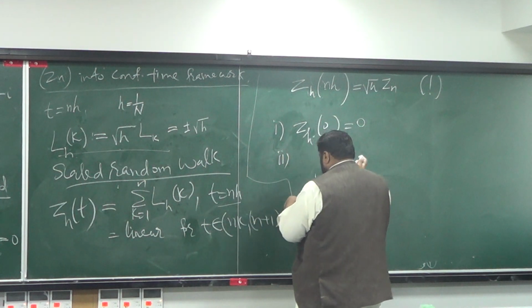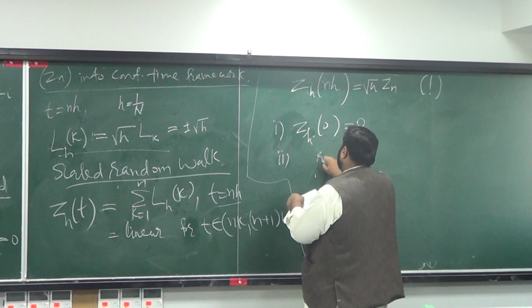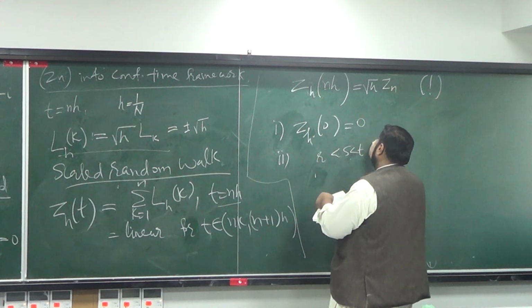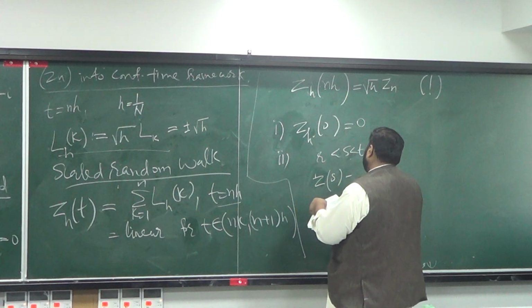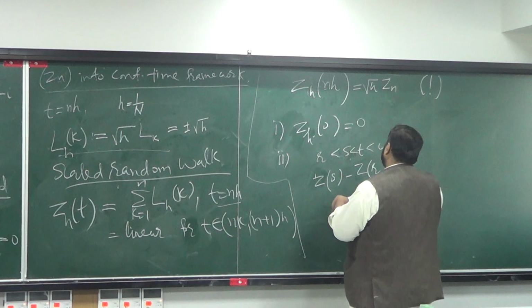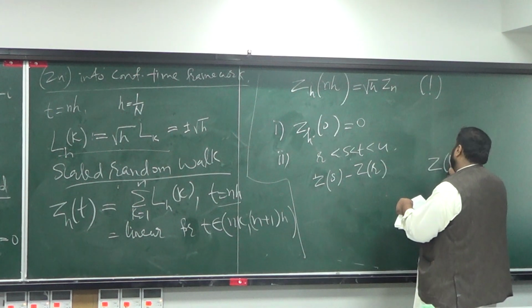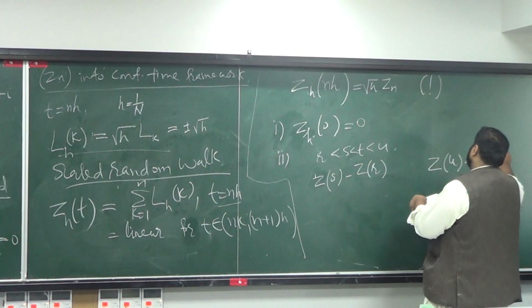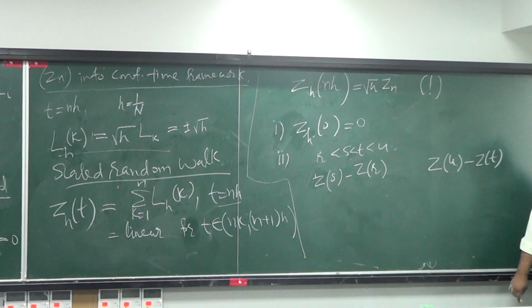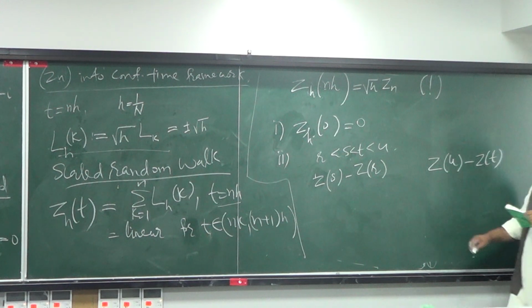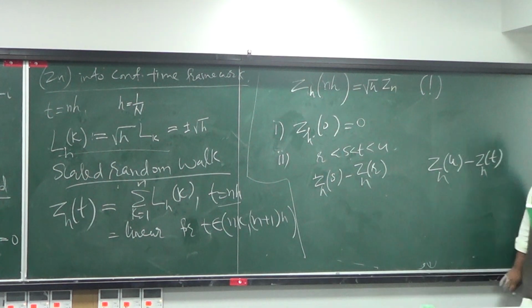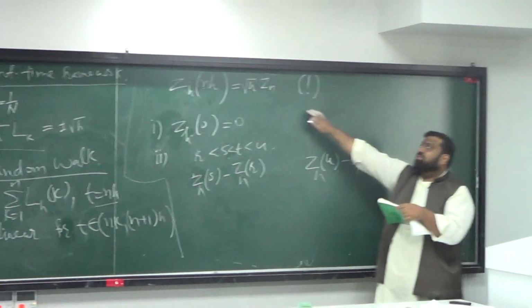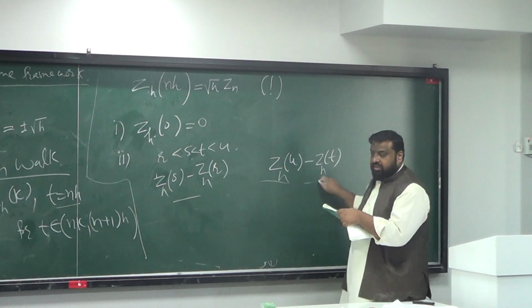If I take, for example, four instants, say r, s, t and u, and I talk about Z_s minus Z_r, and Z_u minus Z_t, what can you say about Z_h, or just Z? Obviously Z_h. It's the same thing. We know that these are independent, so these must be independent too.